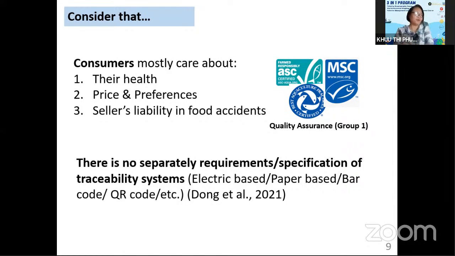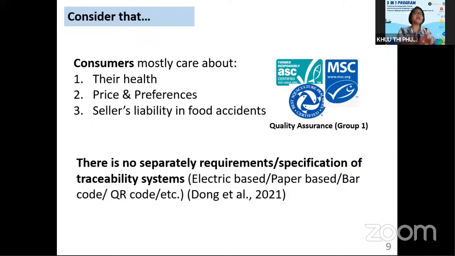Because with quality assurance group 1, our product can bring those labels and consumers can recognize that if our product has been produced under MSC certification or ASC certification, it means that those products are certified for food safety, the environment, human welfare, and traceability.